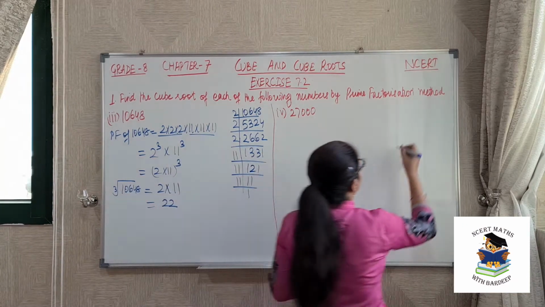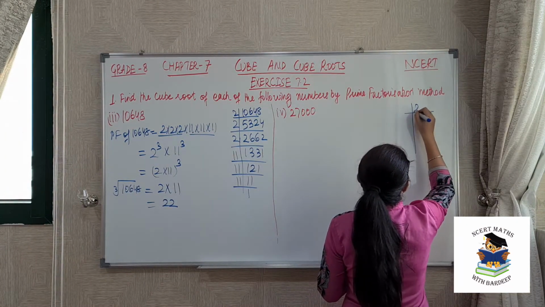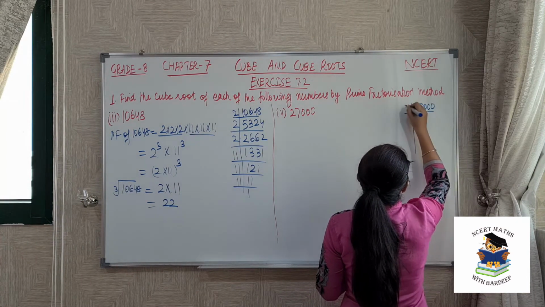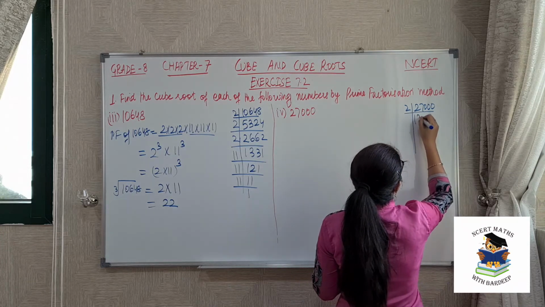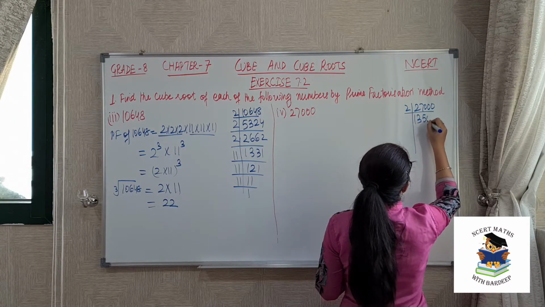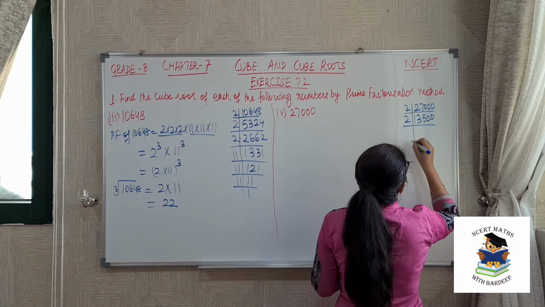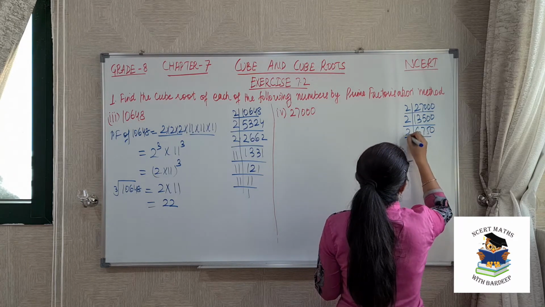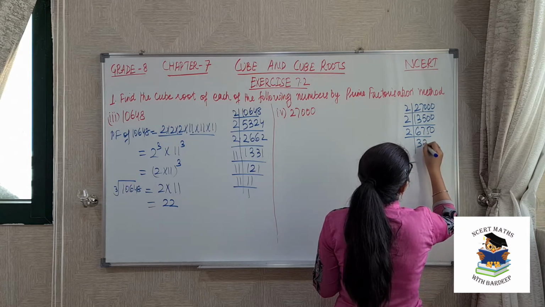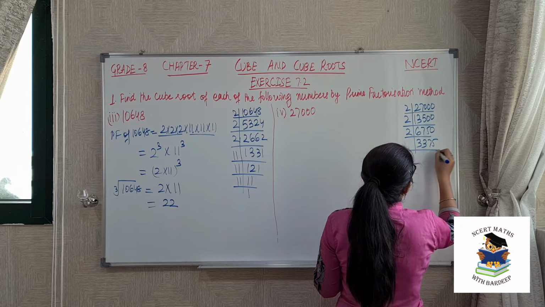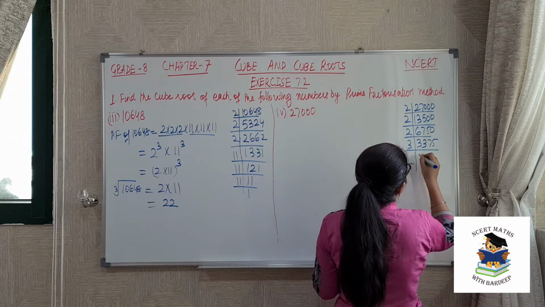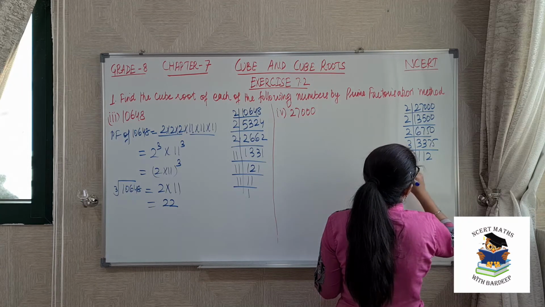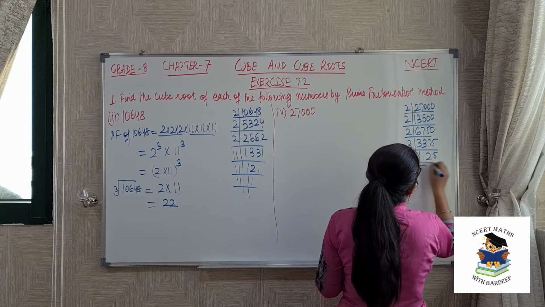Next is 27,000. So in the table of 2, this is 13500, then 6750, 3375. So this will go in the table of 3, that is 1125.